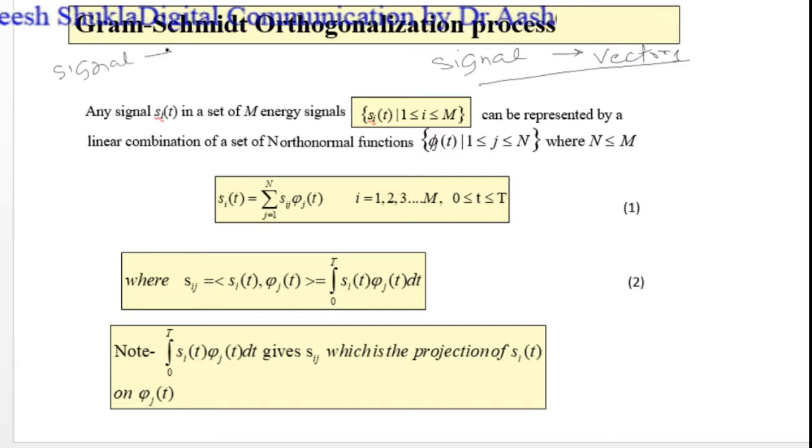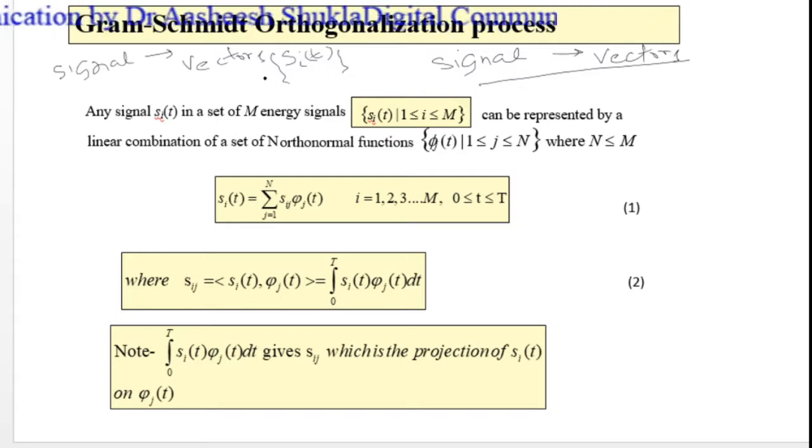So in the Gram-Schmidt orthogonalization process, basically we have a signal and we write the signal in terms of vectors. For example, we can have a vector set si(t), where i can vary from 1 to m, so it will represent m energy signals, right?